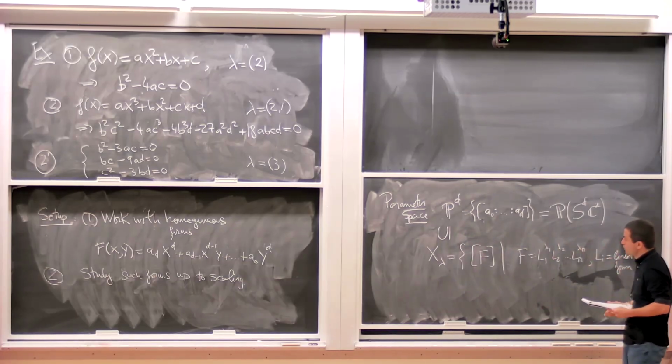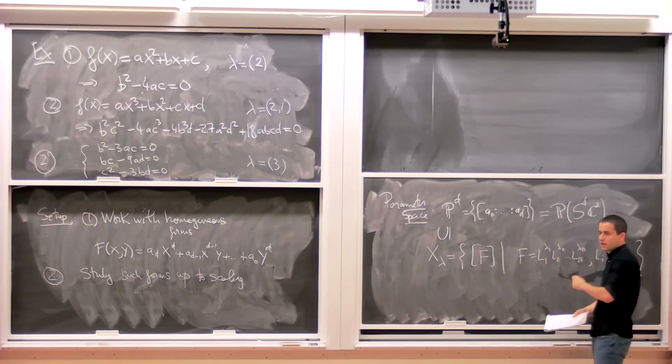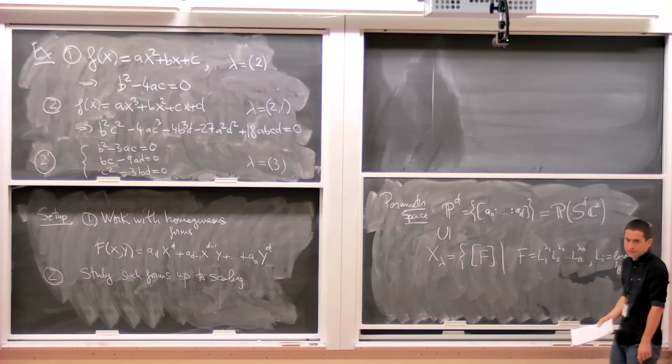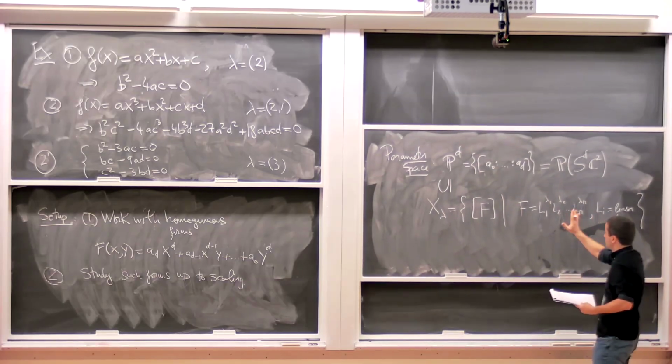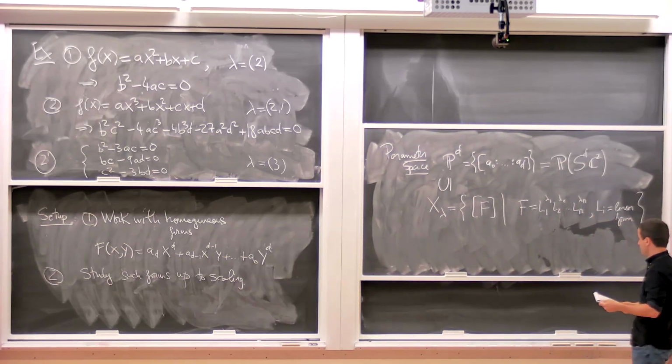And if I want to get the closed set, I should allow the forms to come together, become equal. So anyways, I'm not requiring here that the forms are distinct, or they're distinct up to scaling. This is the definition of X lambda.